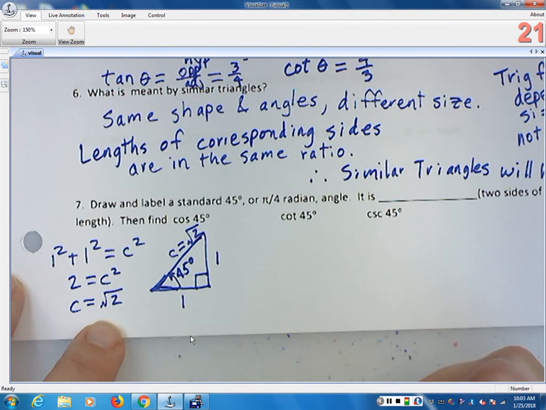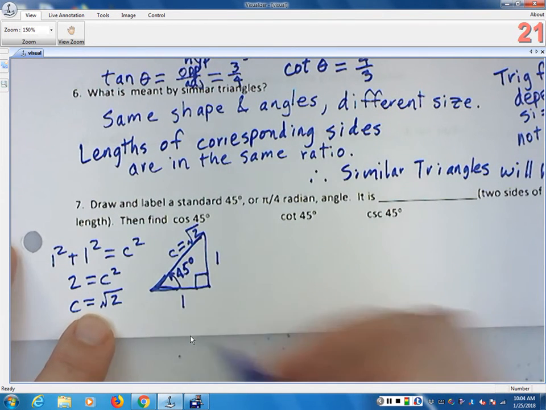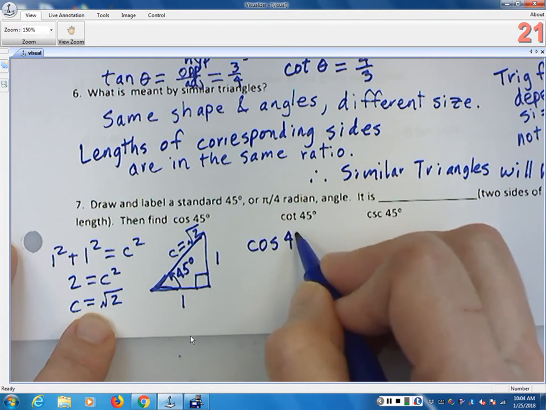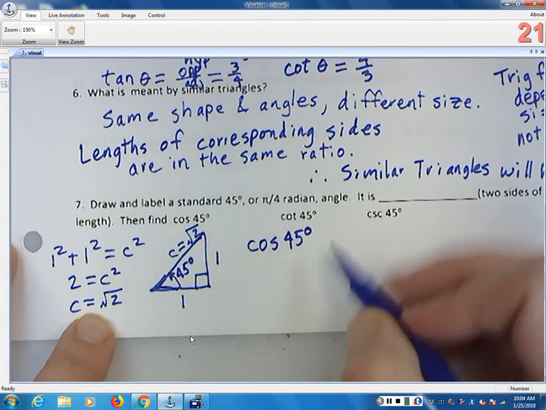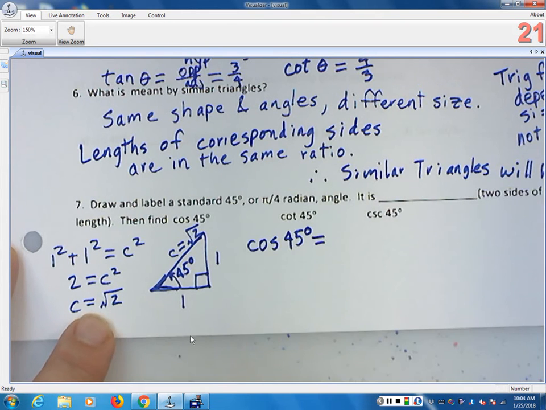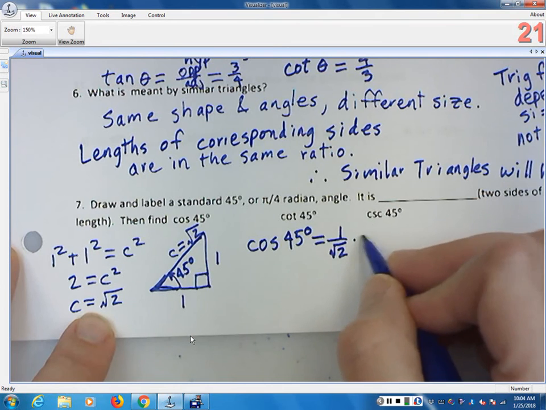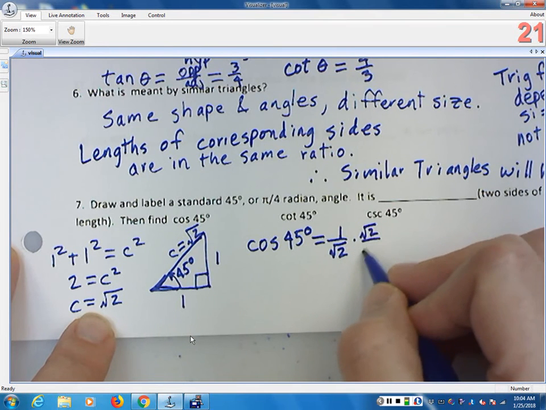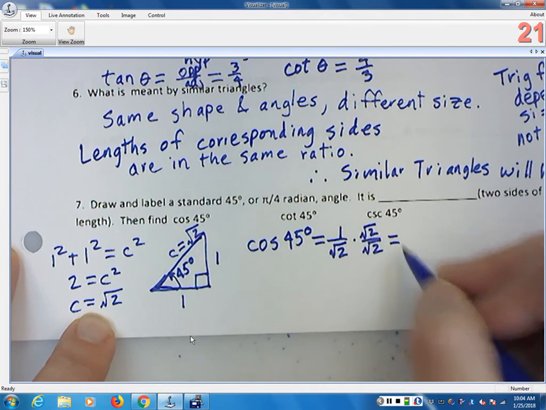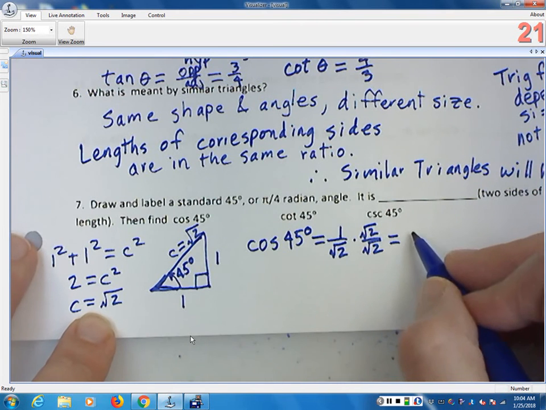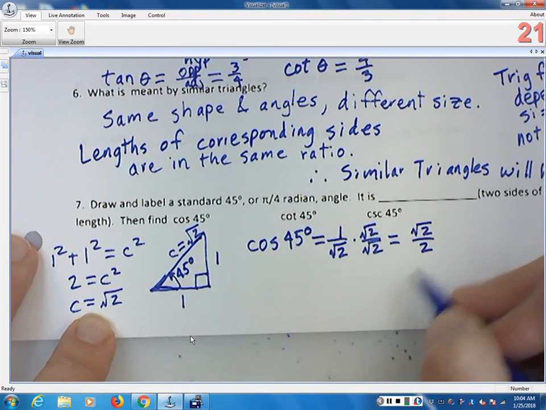And so, if we want to find cosine of 45, we already know what it's going to be, but it's adjacent over hypotenuse, 1 over square root of 2. So we rationalize that, because it's not simplified to keep that square root of 2 in the denominator, and get square root of 2 over 2.